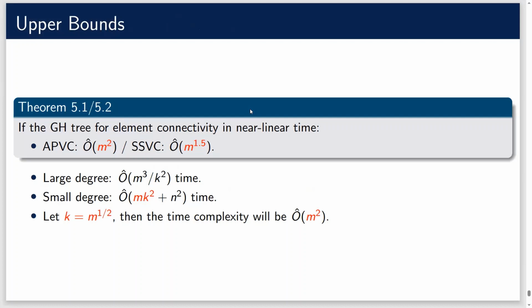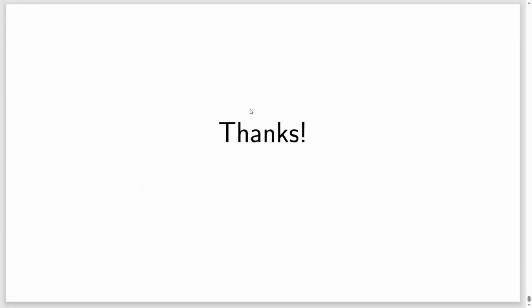And so finally, the complexity will be O hat m squared. Therefore, we can solve APVC in time theta hat m squared, in fact. And also SSVC, similarly, is in theta hat m^1.5. And also standard is in theta hat m squared. So these are the results in our paper, and thank you for listening.